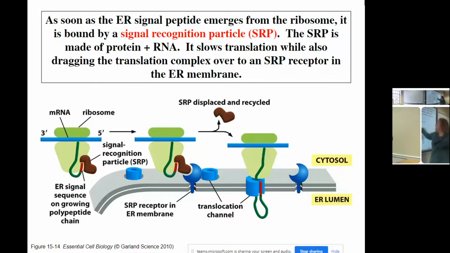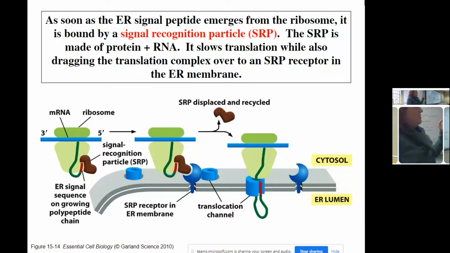And you would have multiple of these SRPs floating around in the cytoplasm, just kind of waiting around to bind the binding partner through the four forces whenever the binding partner appears.